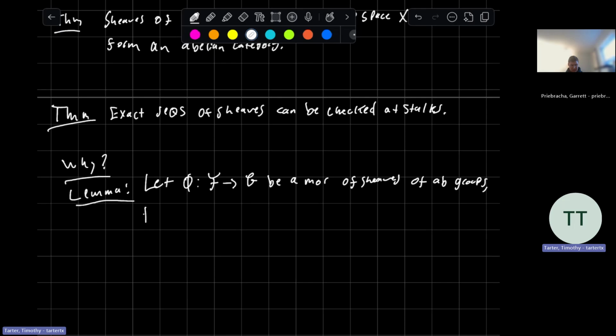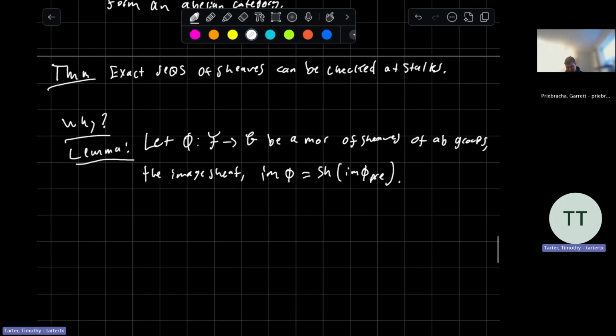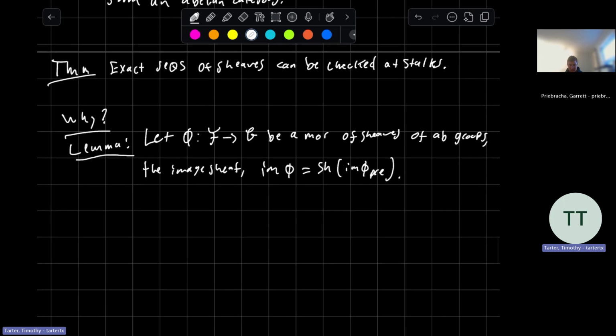Then the image sheaf M phi is the sheafification of M phi pre. And this goes off of the definition of image in an abelian category.